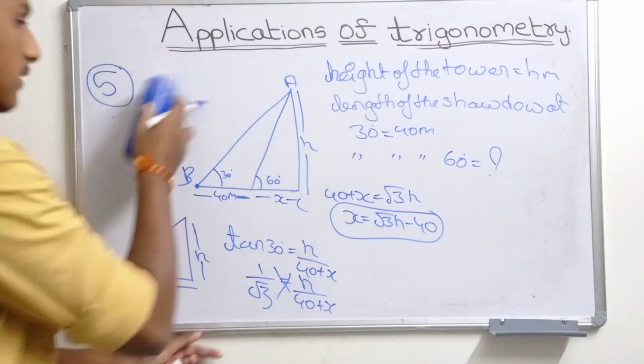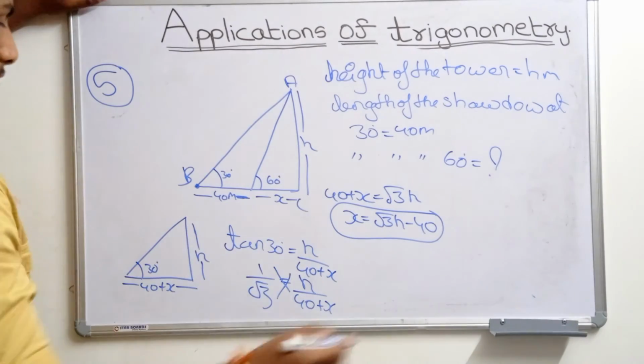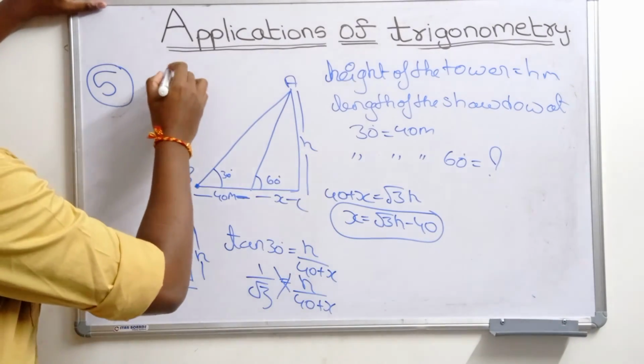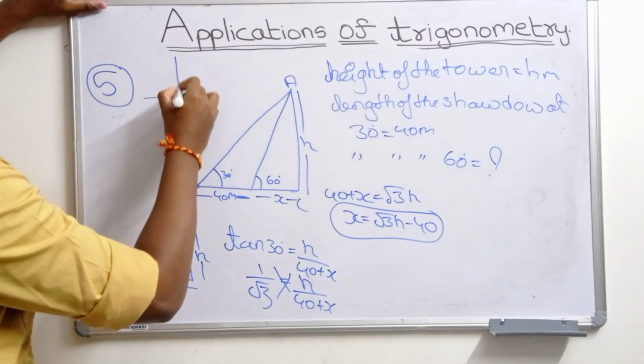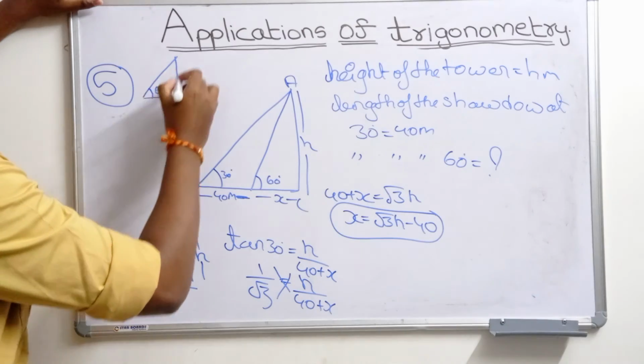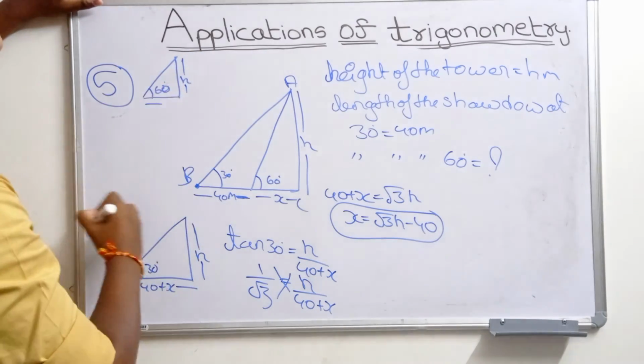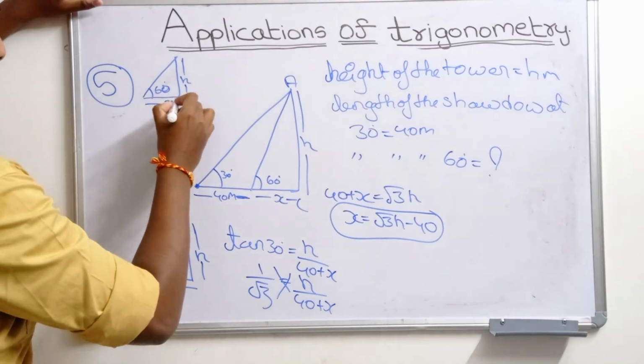I'll continue this here. x we got, that is equal to root 3h minus 40. So the next triangle is in this way. This is 60 degrees. This is h and this is x.